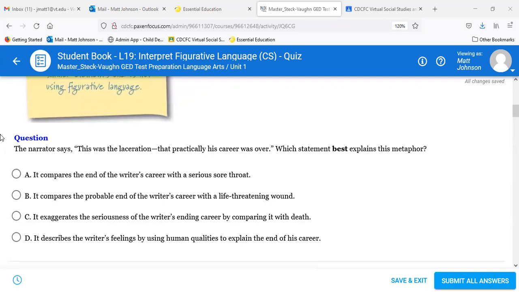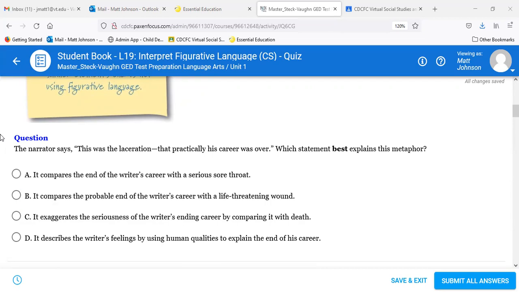A, it compares the end of the writer's career with a serious soul truth. B, it compares the probable end of the writer's career with a life-threatening wound.